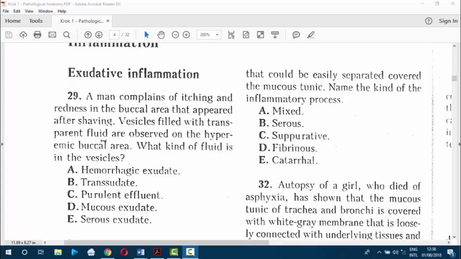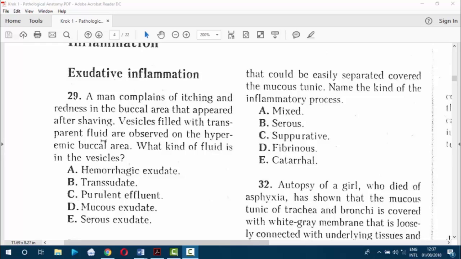So, morphologically, I'll give you the types of exudate that we have. One, serous. A serous exudate is when the fluid exudate resembles the serum, or is watery, or is clear. In other words, it is transparent.